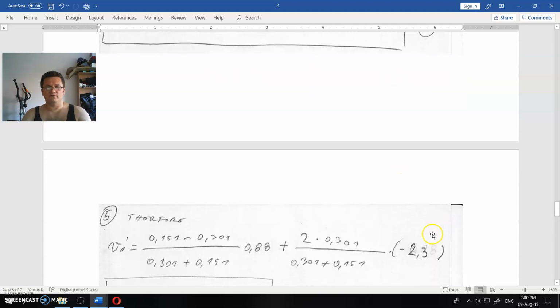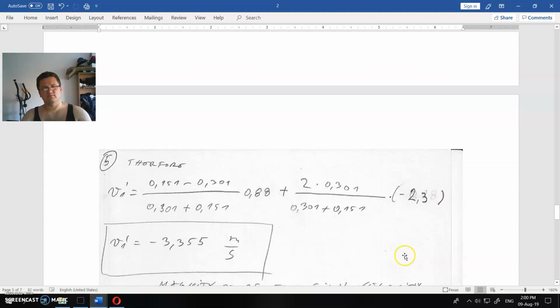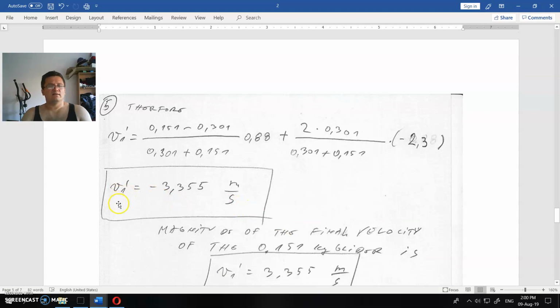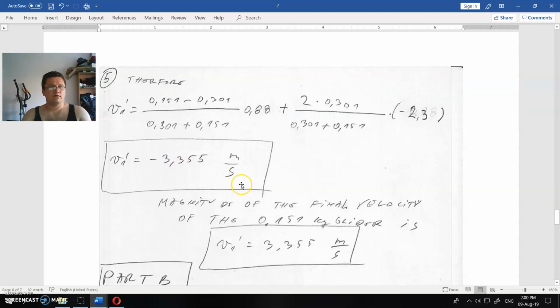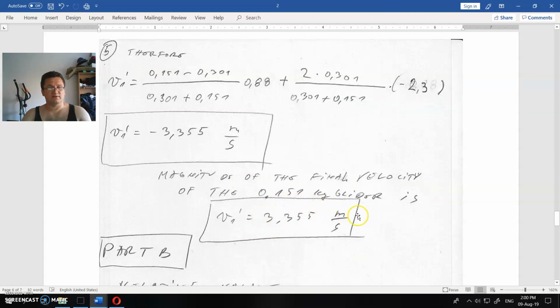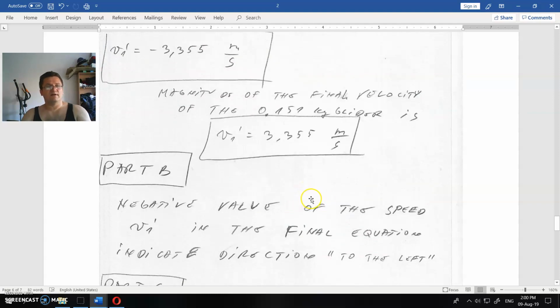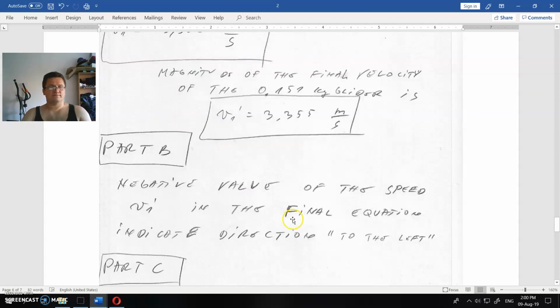If it goes to the left, you put a minus sign, go to the right, you put a plus sign. And we have that the speed of the first glider is negative 3.355 meters per second. What does it mean? The magnitude of the speed is this one, but because it has a minus sign, that means it goes to the left side.